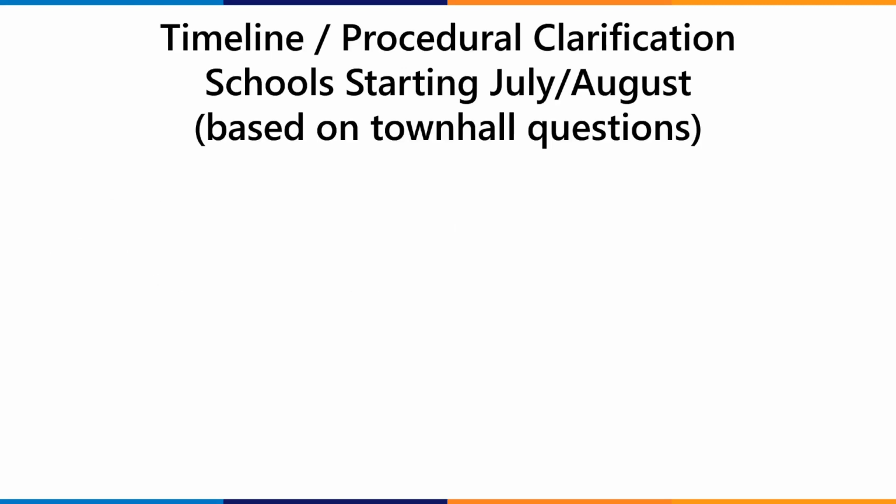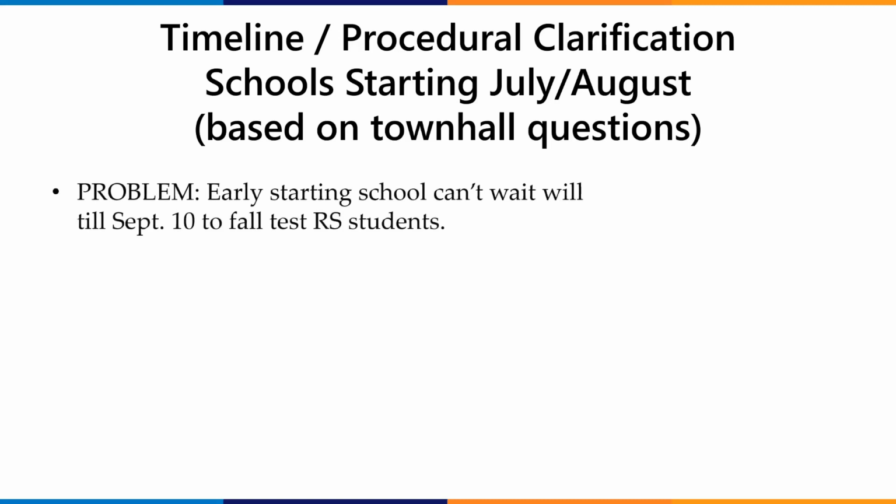Okay, so at this point, a question came up after we got through that slide about some timeline and procedural clarifications. This specifically was about schools starting in late July to early to mid-August, and like I said, this was based on some town hall questions. Here is the problem that was brought up.